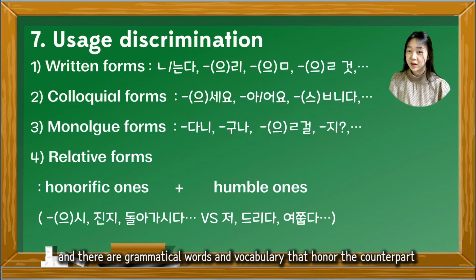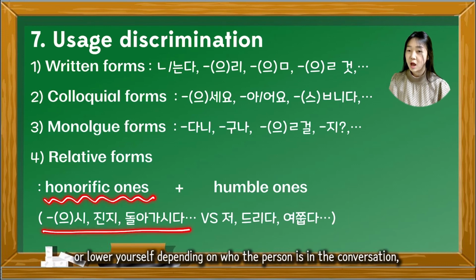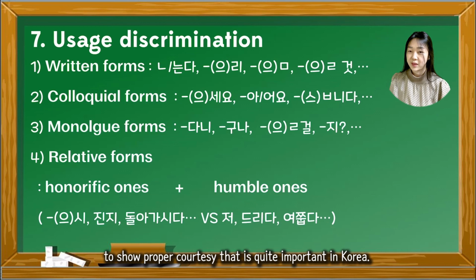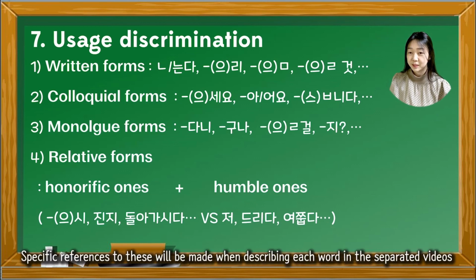And there are grammatical words and vocabulary that honor the counterpart or lower yourself, depending on who the person is in the conversation, to show proper courtesy that is quite important in Korea. Specific references to these will be made when describing each word in the separate videos.